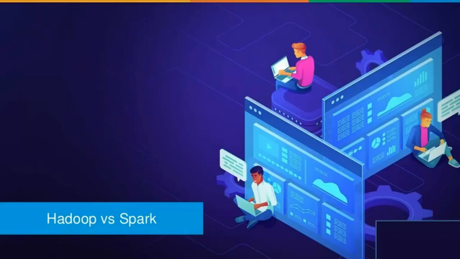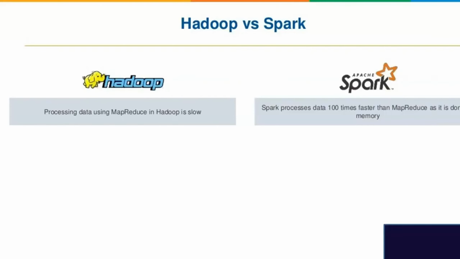Now let's have a bit of comparison between Hadoop versus Spark. Hadoop was slow because of MapReduce, and MapReduce is one of the integrated processes in Hadoop, also associated with the Hadoop Distributed File System and a cluster manager using YARN.